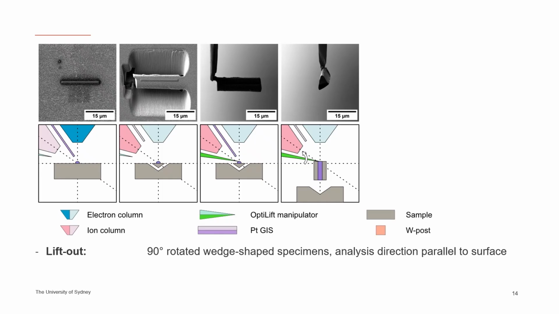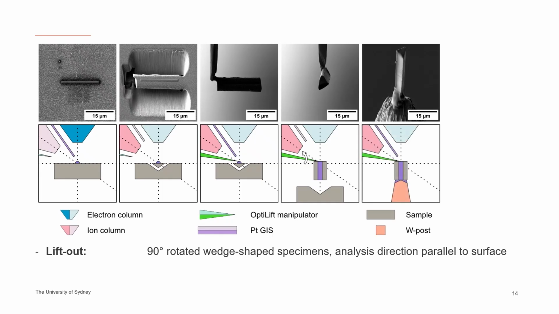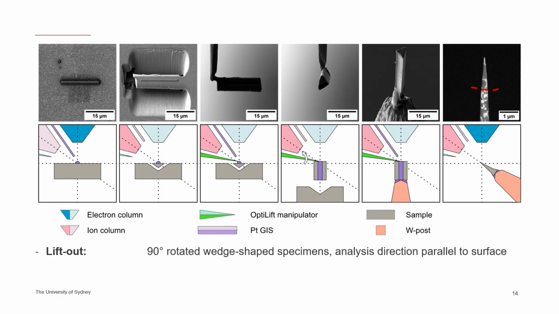This specimen is then attached to a tungsten post, as shown here, and annular milling follows as usual in the other approaches. However, here, backscatter contrast imaging allows us to keep track of the intermetallic morphology and identify the melt pool interior and melt pool boundary during the sharpening process.